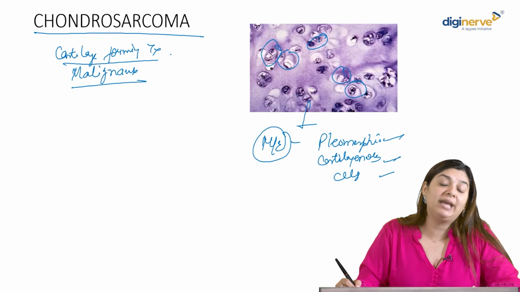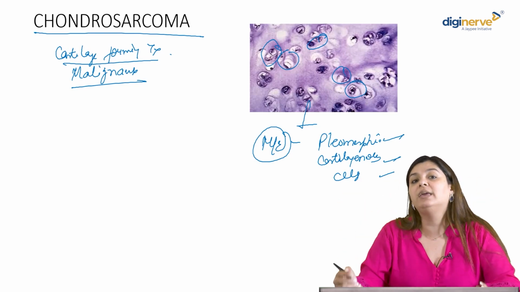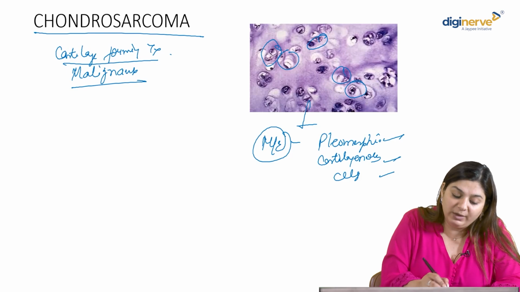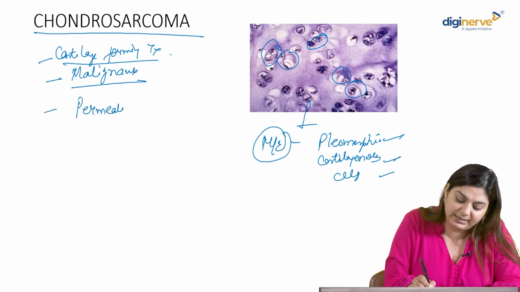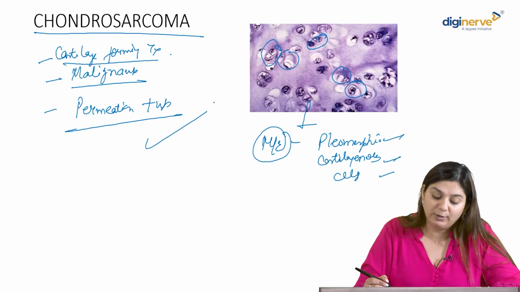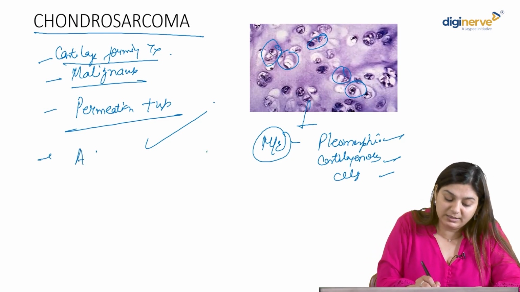Now, as I told you, in enchondroma permeation is not present. That is why it is benign, because it is not destroying the bone and coming out of it. However, in chondrosarcoma, because it is malignant, permeation is present, students. So in chondrosarcoma, permeation will be present as it is malignant, and it occurs in the axial skeleton.